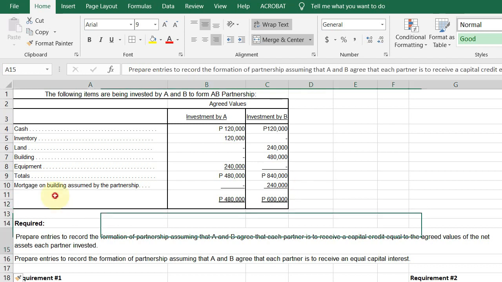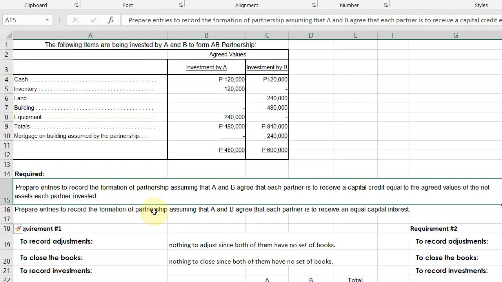Okay, so first the required is to prepare entries to record the formation of the partnership, assuming that A and B agree that each partner is to receive a capital credit equal to the agreed values of the net assets each partner invested. Okay, so we have to do journal entries.